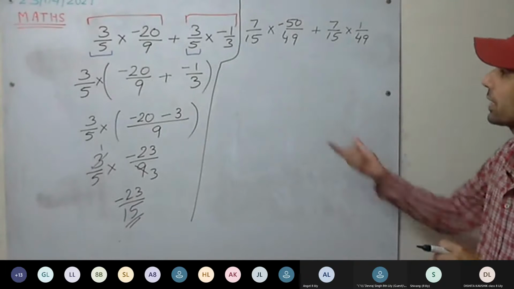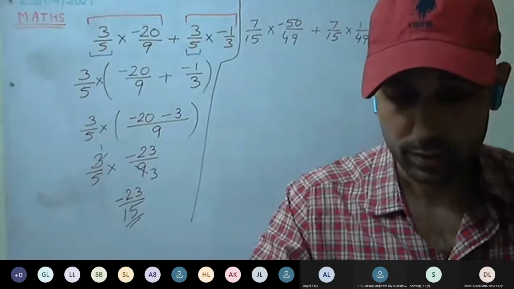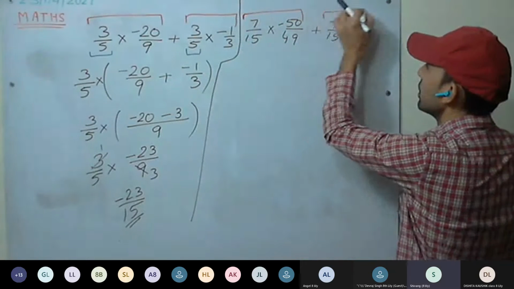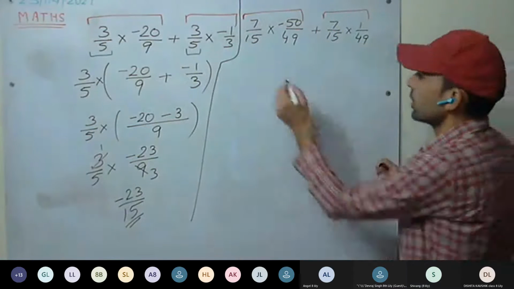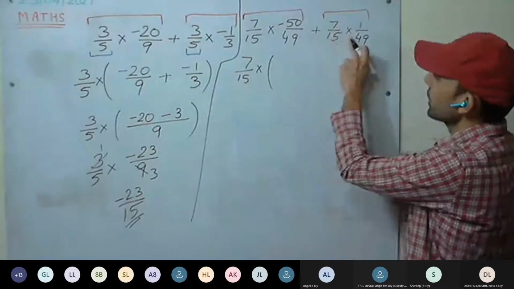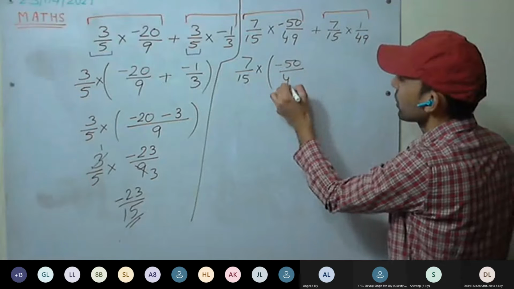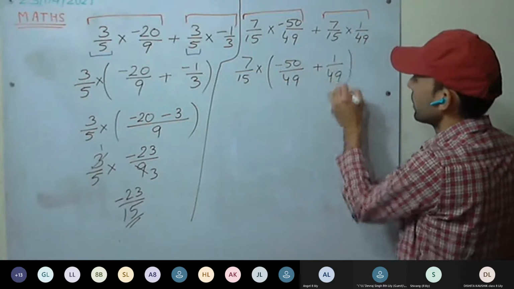Okay, so again, what are we going to take common out? 7 by 15. So 7 by 15 multiplication, it is distribution of multiplication over addition. Minus 50 upon 49 plus 1 upon 49.